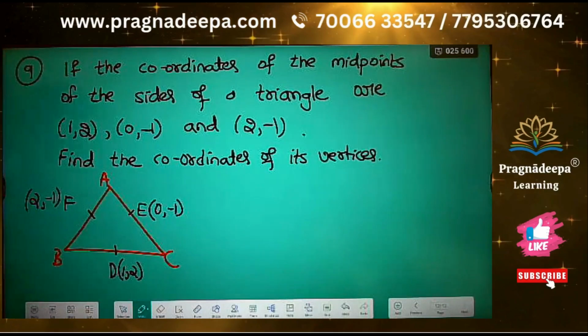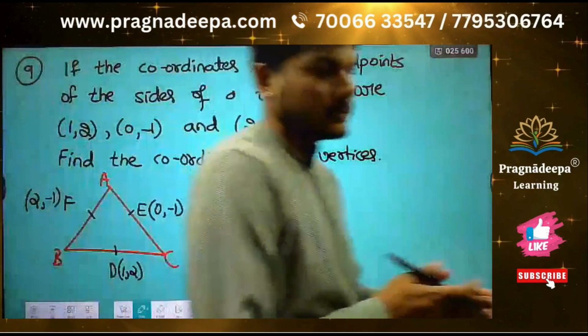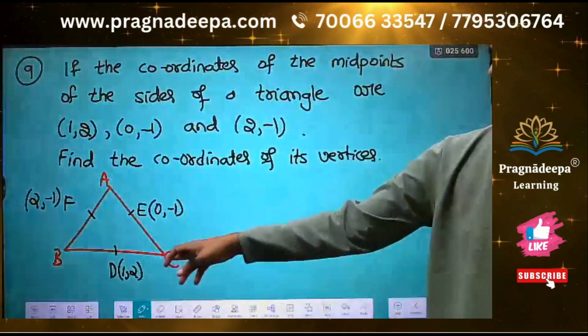How do we find this out? You need to find the coordinates of A, B, C. How will you find out the coordinates of A, B and C?